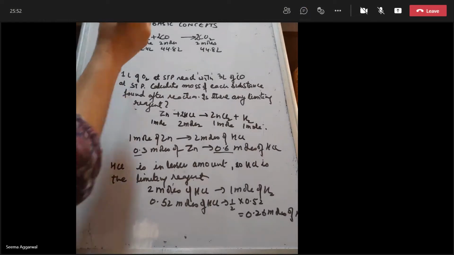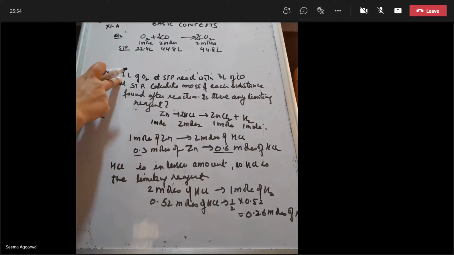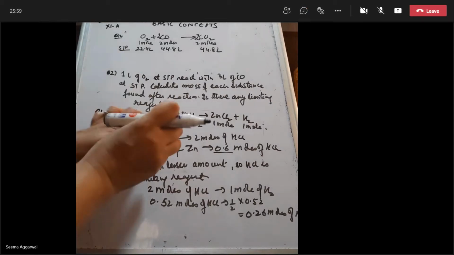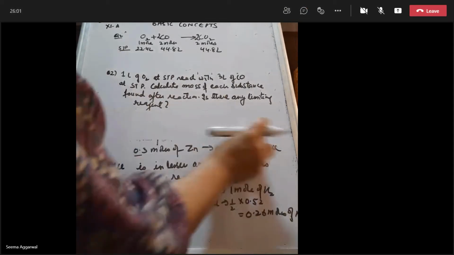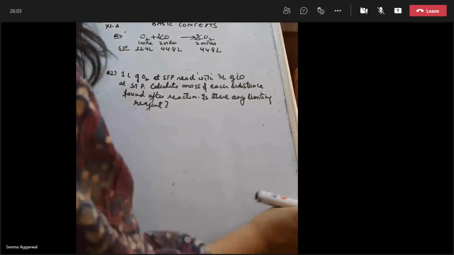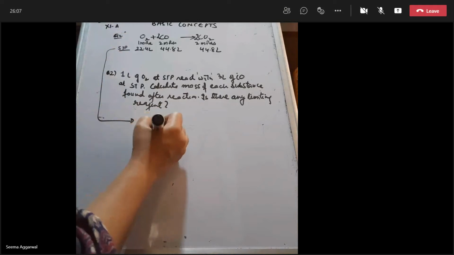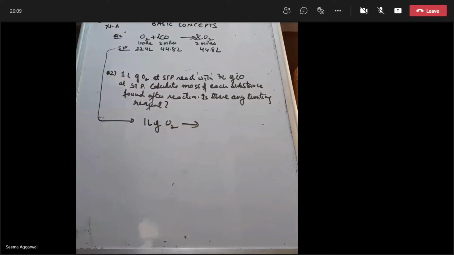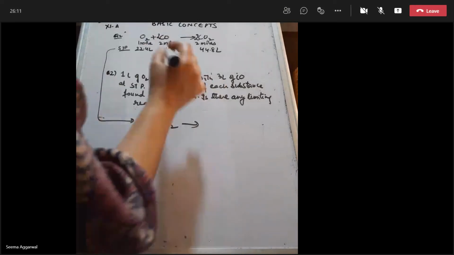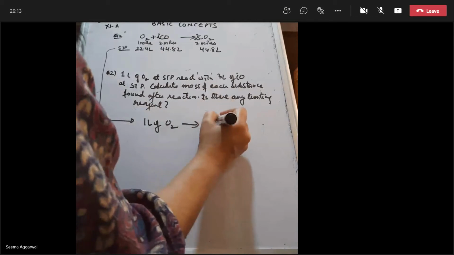Now, first thing is that we have to find out the limiting reagent. So, how will we proceed? Let's take 1 liter of O2 and find out the amount of carbon monoxide. I am rubbing this solution so that I can proceed. Okay. So, if I am taking 1 liter of O2, then what is the amount of carbon monoxide required? 44.8 liters.